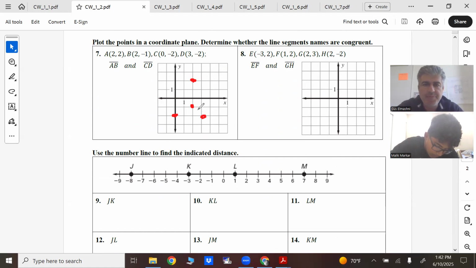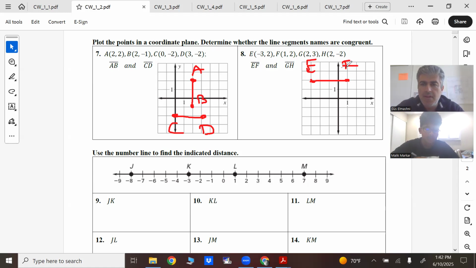Pretty simple. Yeah, it's pretty simple there. EF. You just graph the points and then that's it. Yeah, pretty simple.